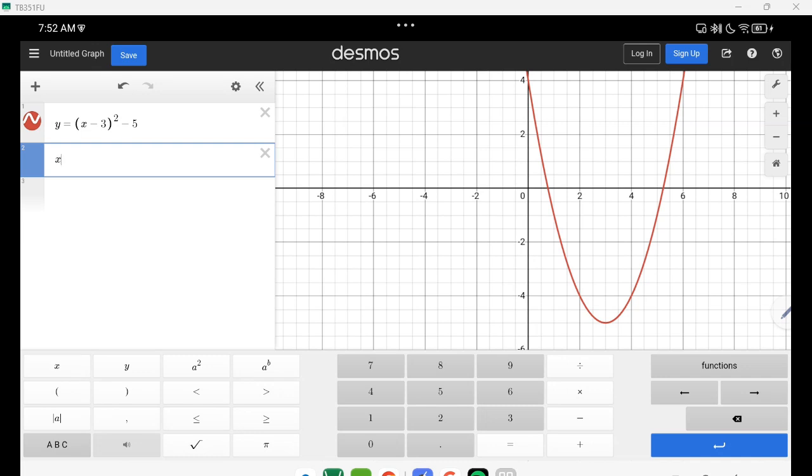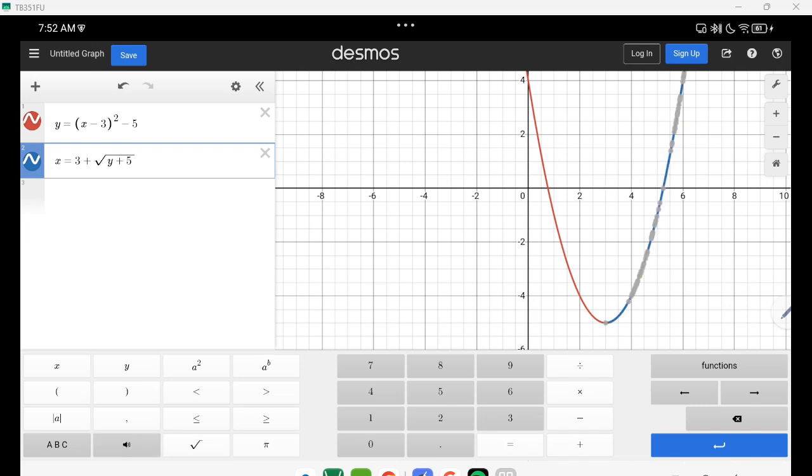The first one is x equals 3 plus the square root of y minus 5. Is that what I had written? No. Plus 5, that's where I was wrong.